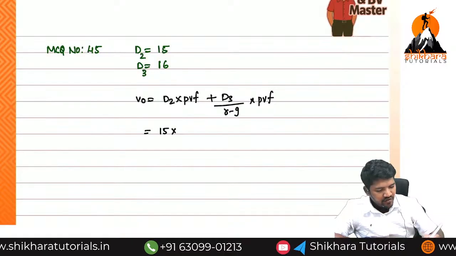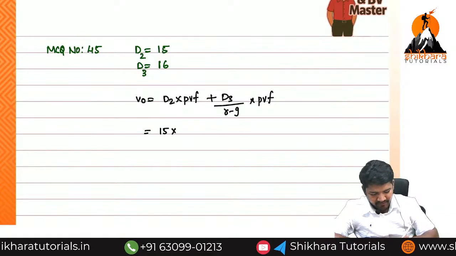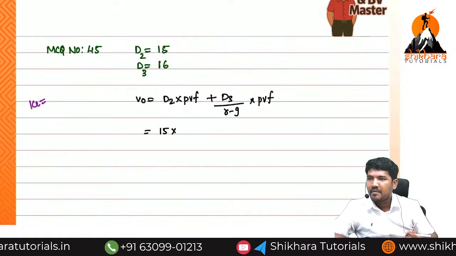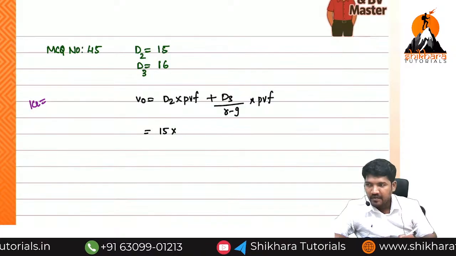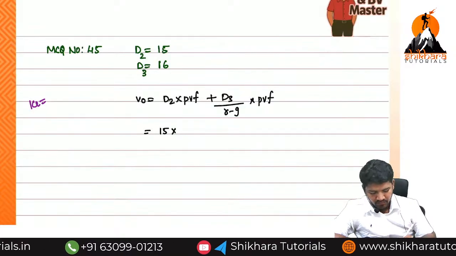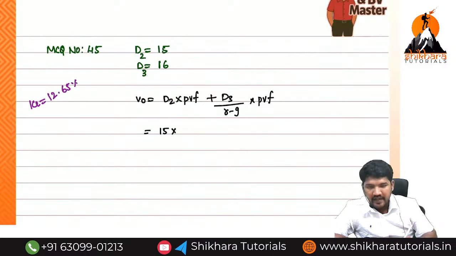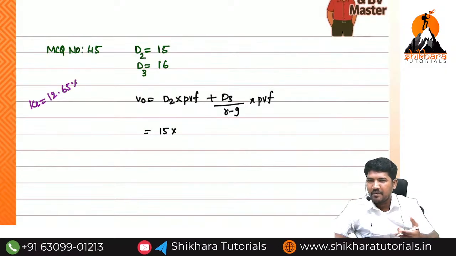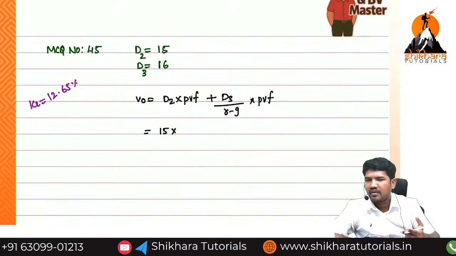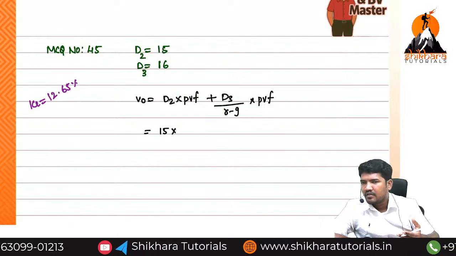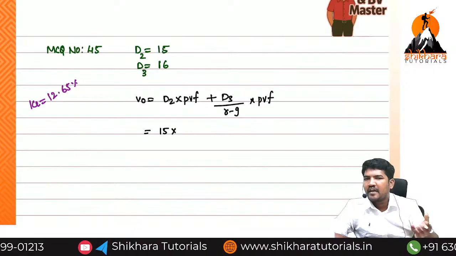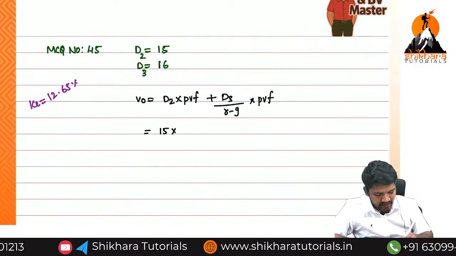Before that you have to figure out KE as per the CAPM approach. So KE please. 12.65%, directly I am writing the answer. Why? Because CAPM is RF plus beta into RM minus RF, or only risk premium. You can go with beta into risk premium. So the answer is 12.65.